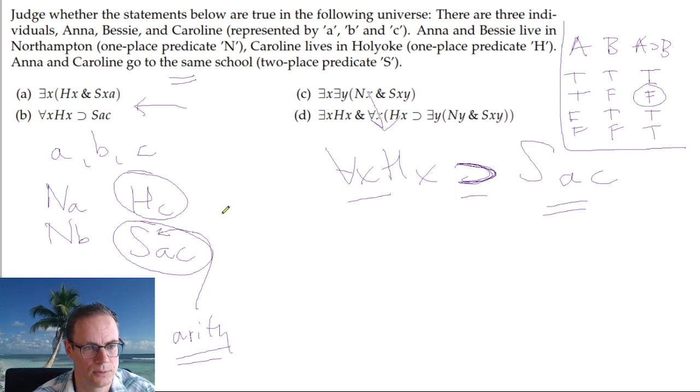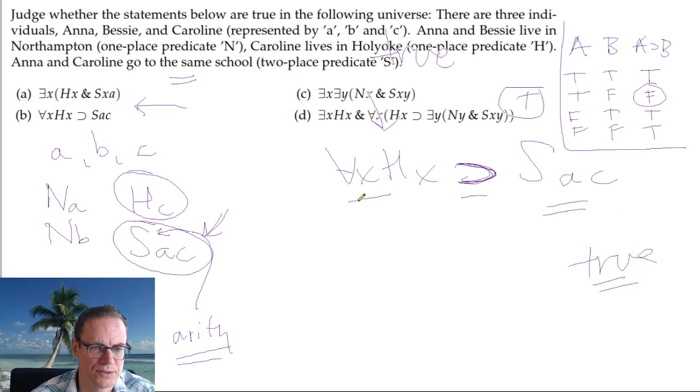Well, it's true. It's right there. So this gets T. Then this horseshoe statement cannot be false, because it's only false when the consequent is false. So we don't even have to check the antecedent. We already know that it's true. True.